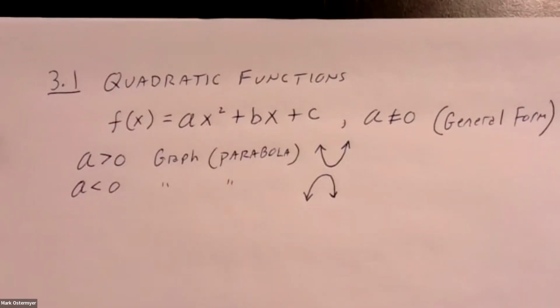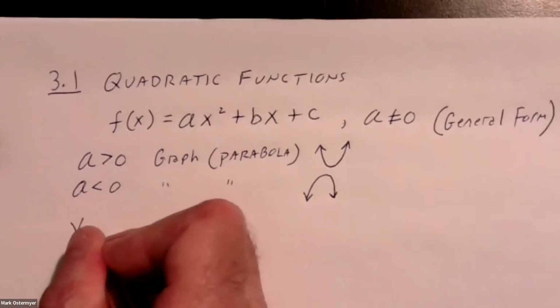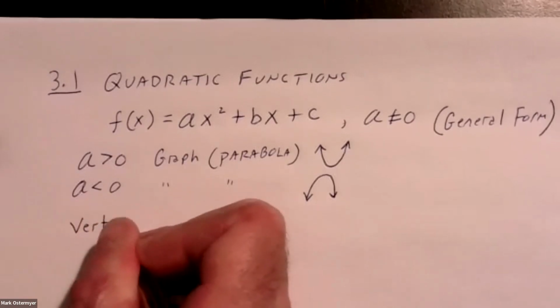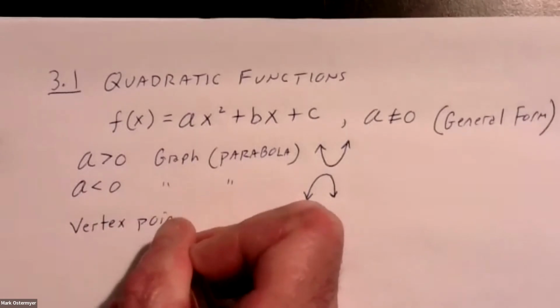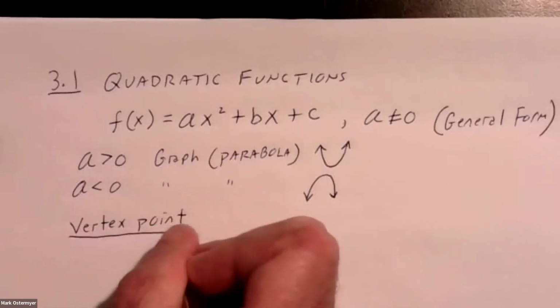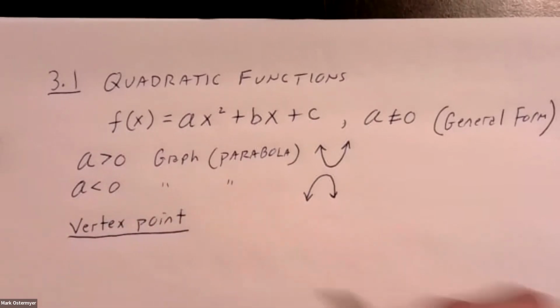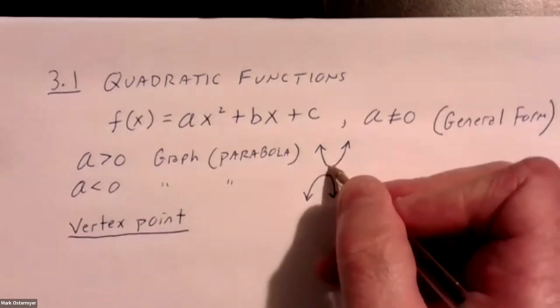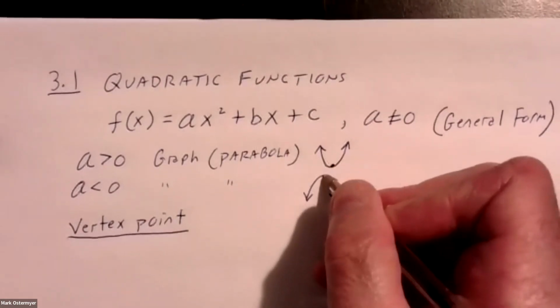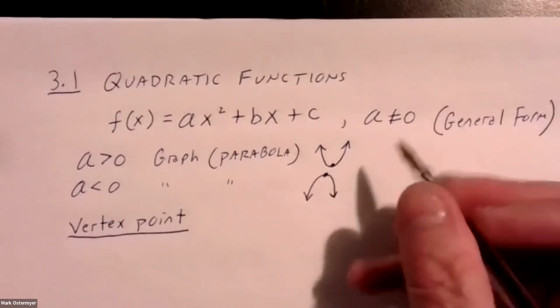Now, to locate this graph, we are interested in a very important point called the vertex point of the quadratic function or the parabolic graph. The vertex point is either going to be the lowest point on the graph or the highest point, whatever the case might be.